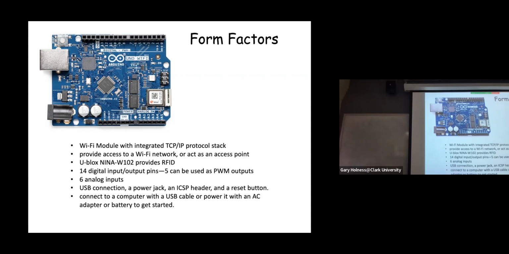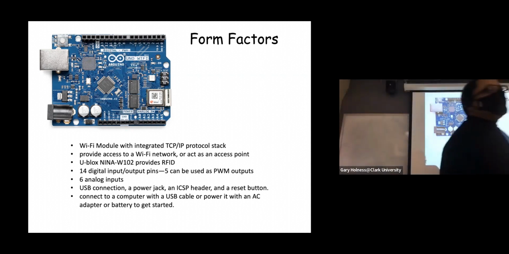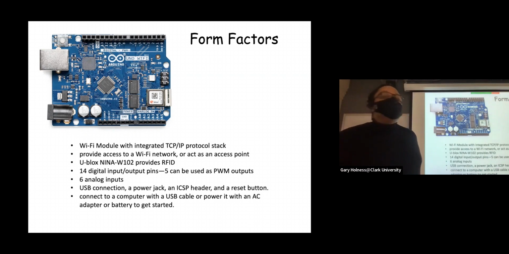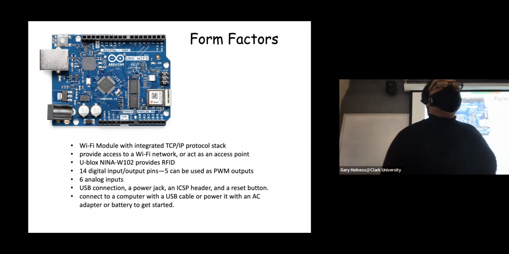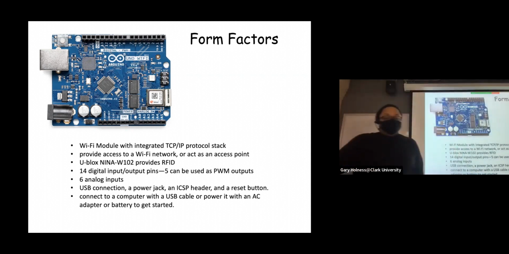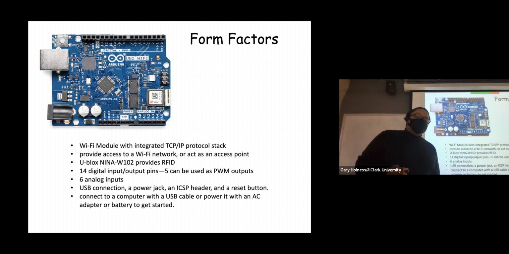No? In addition, wait, there's more, like those infomercials. It also has the ability to communicate with RFID tags, right? Which is nice. So it does everything. It has a bunch of analog I/O, digital I/O. It has a USB connector, which we can see up here, and it has a power connector.